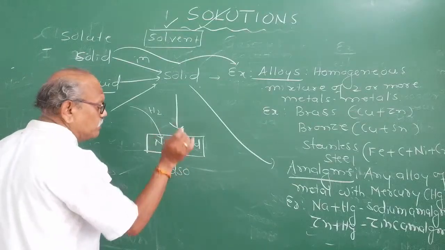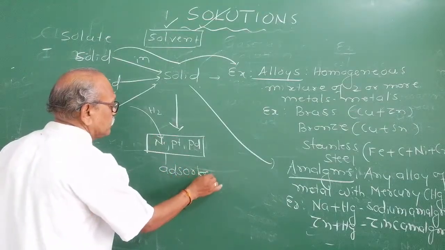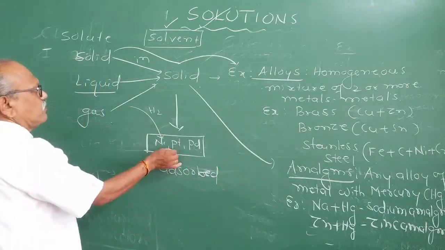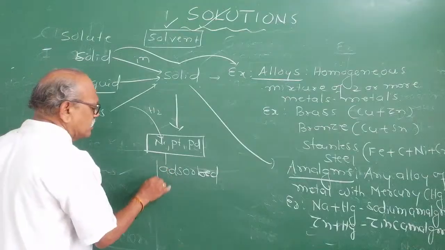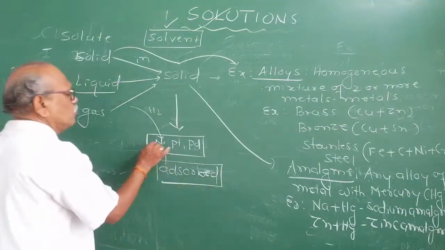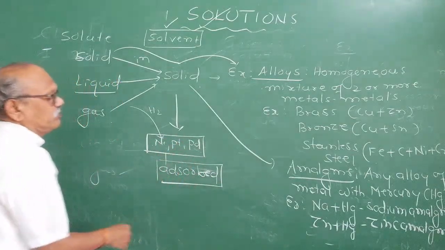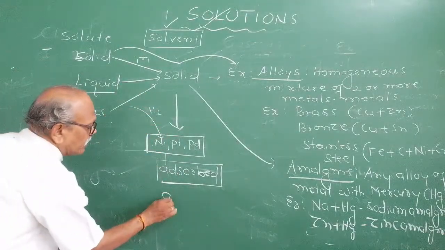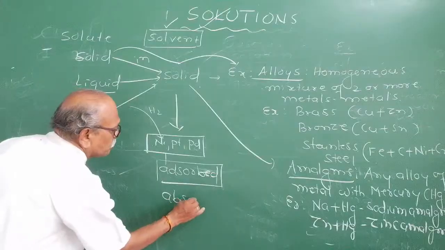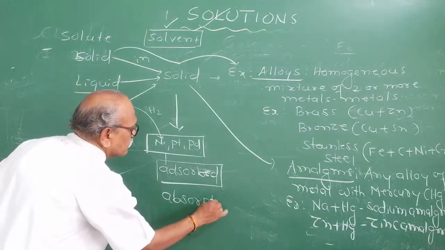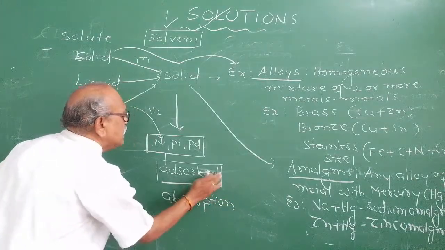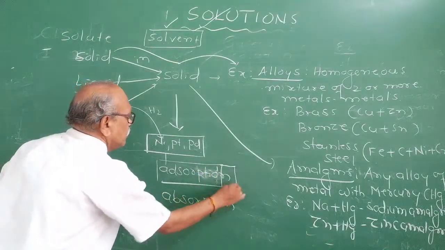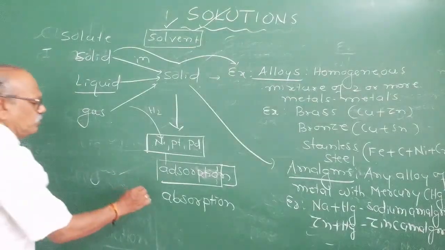This is not absorption, remember. Adsorbed means hydrogen gas will be adsorbed on the solid, and adsorption means it will be held only on the surface. Absorption means it will enter into it. Try to understand the difference between absorption and adsorption. Later in chemistry we will be learning.